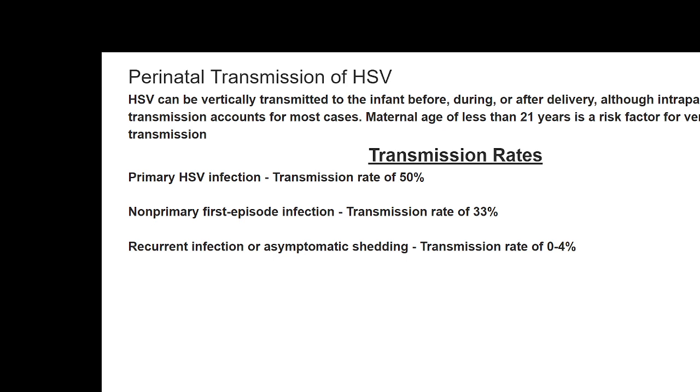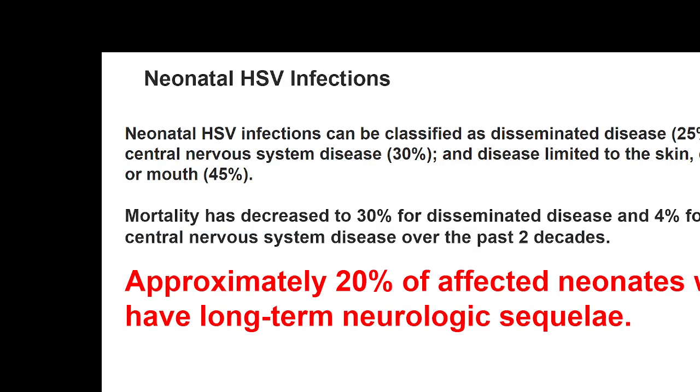Young women becoming pregnant have a high chance of transmitting the HSV infection. As per the statistical data, if the patients have a primary HSV infection, the risk is around 50%. For non-primary first episode infection, the risk is about 33%. For recurrent infections, the transmission rate is about 0 to 4%. That's the calculated data based upon the statistics.